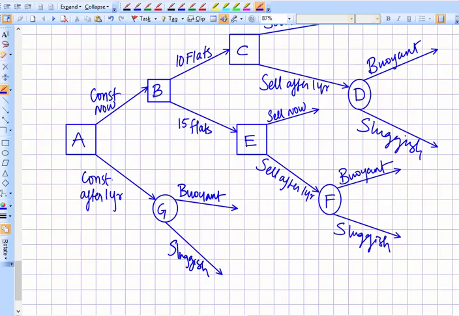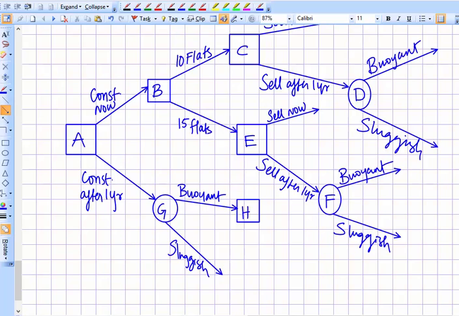And what will happen if it is buoyant? Yes, there you have a decision node, because when the market is buoyant, you can say that I'll go by the best. That is, whether it be 10 flats or 15 flats, whichever works in favor of me, I'll select that. So I'll call this as point H.